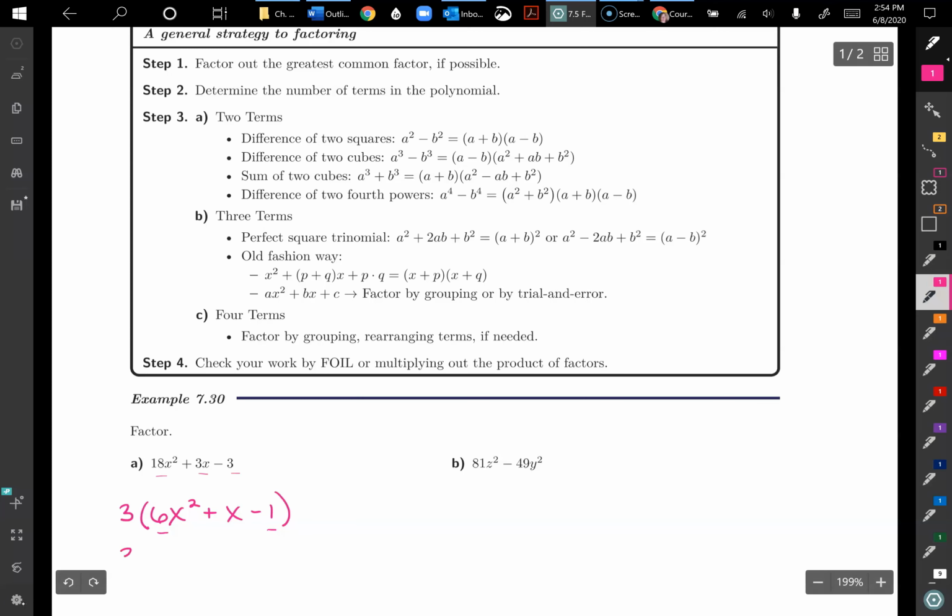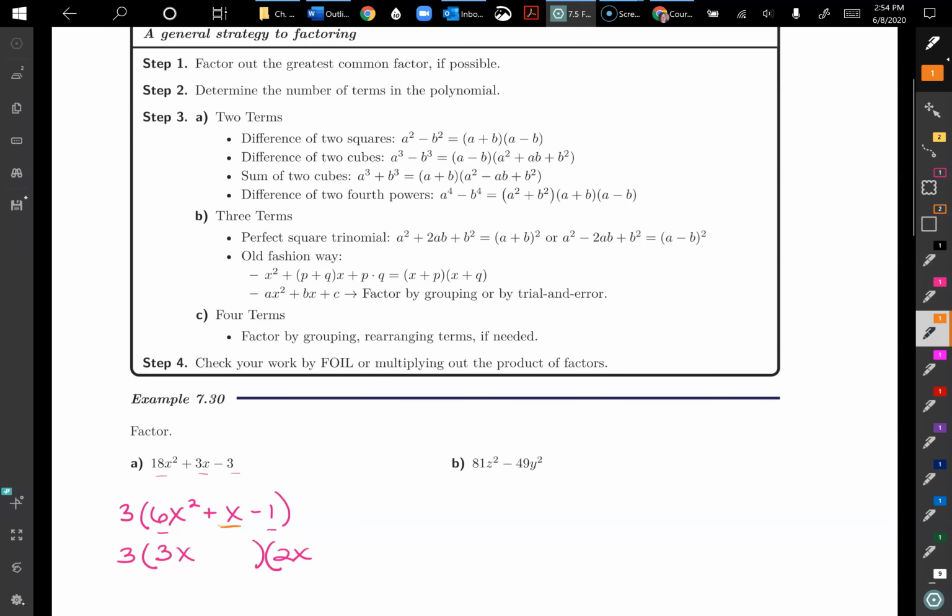If we bring down the 3, 6 could be split up like this: 3x in one set of parentheses and 2x in the other one. I'm choosing factors that are closer together because my middle term is pretty small as well as my end term, so I think I should have them tightly placed.